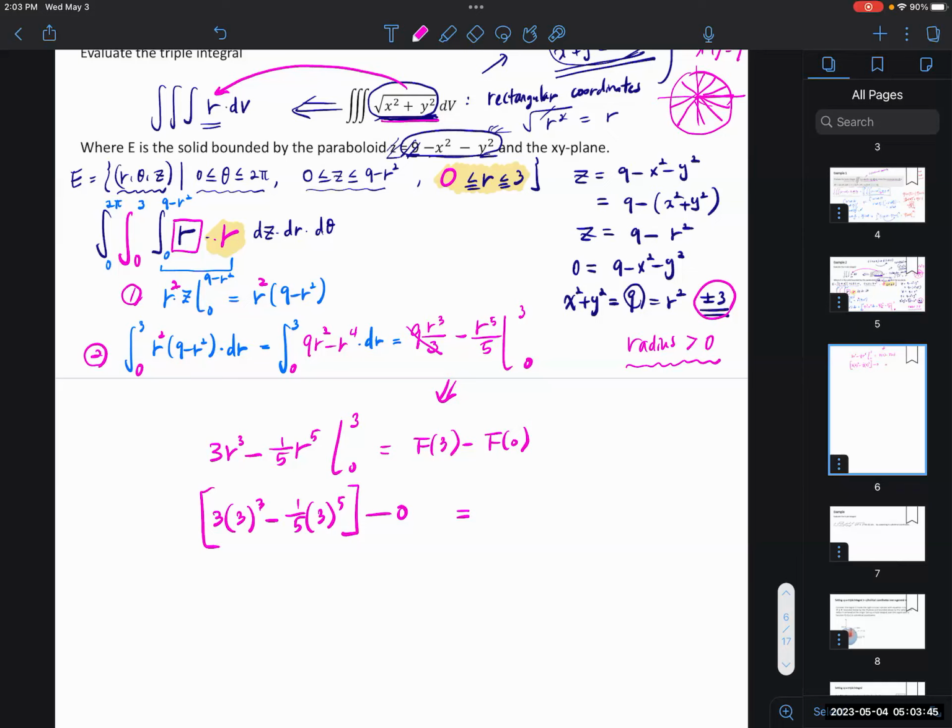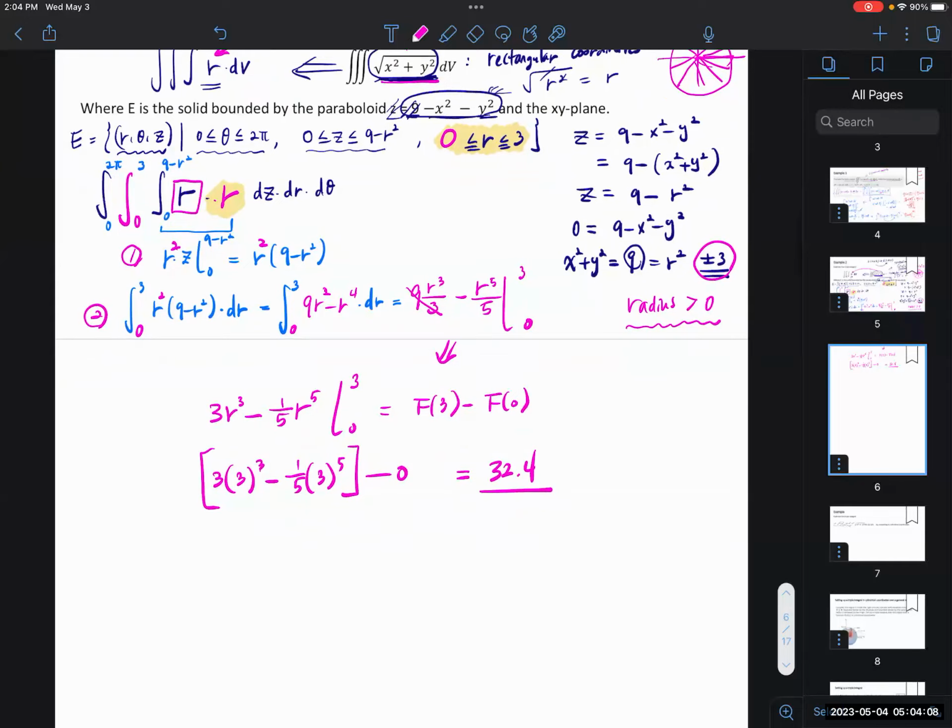So let me recalculate that one. So 3 times 27, that's 81, minus 3 to the fifth divided by 5. So that's going to be 32.4. So this is the second integral.